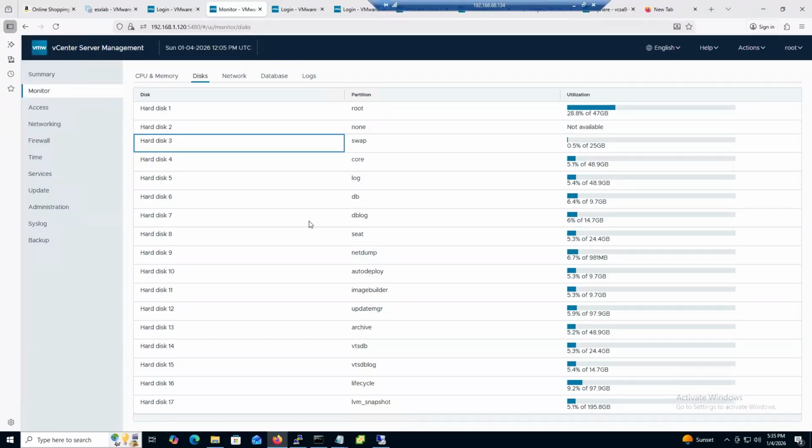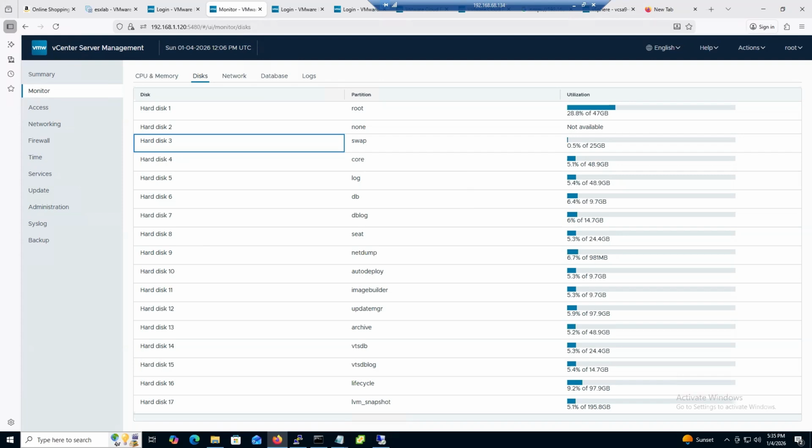All right, now let's discuss hard disk 3. This disk is used when the system is out of physical memory. Swap usage means there is some memory pressure, where ESXi is not able to provide enough memory to our VCSA appliance.